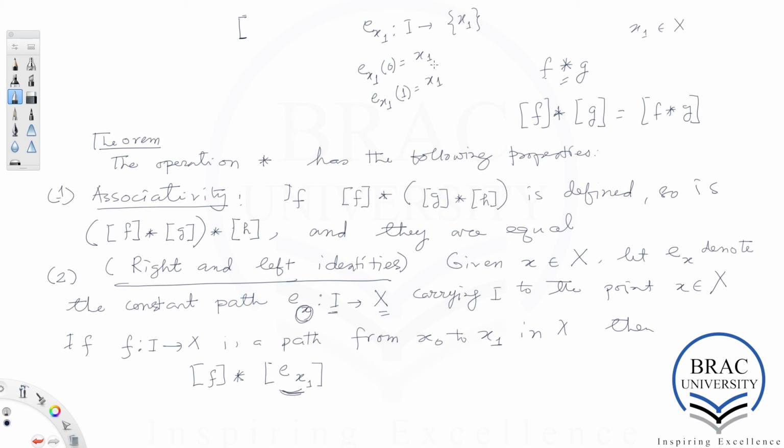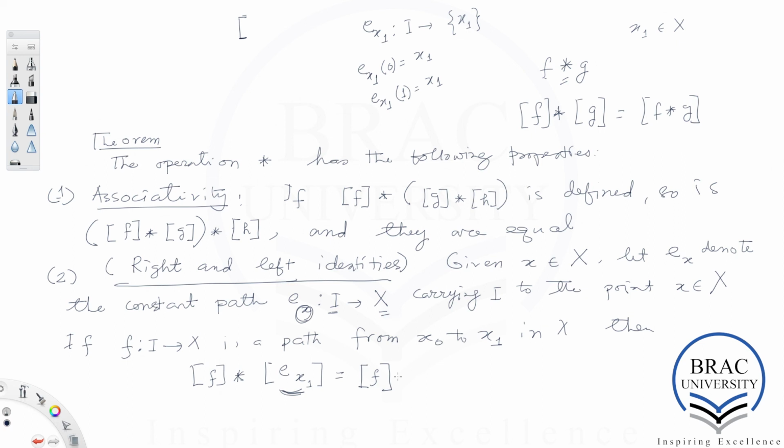So f is a path from x0 to x1, and e sub x1 is a path from x1 to itself. The product, using our definition of product between two paths, is going to give us a path from x0 to x1, and the existence of right identity tells us that this is exactly the same as the class of the path f.